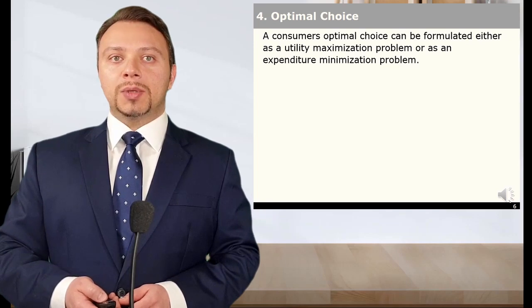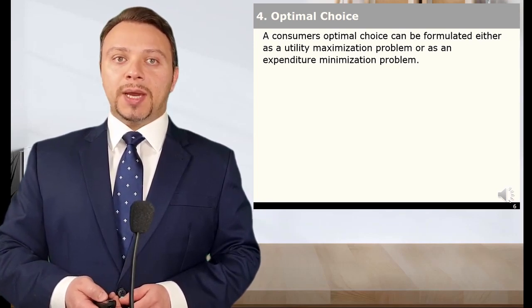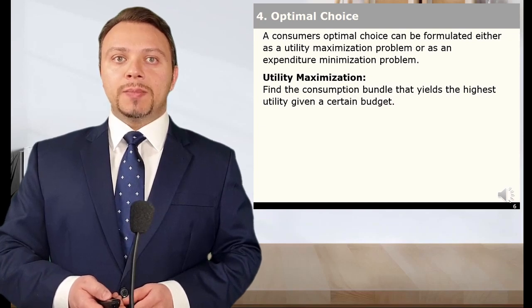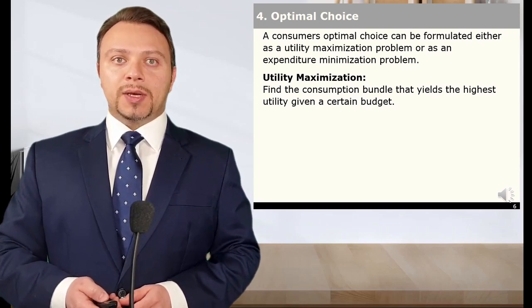A consumer's optimal choice problem can be formulated either as a utility maximization problem or as an expenditure minimization problem. By utility maximization, we mean that the household has a certain budget available which it wants to spend entirely on the consumption of a bundle of goods.